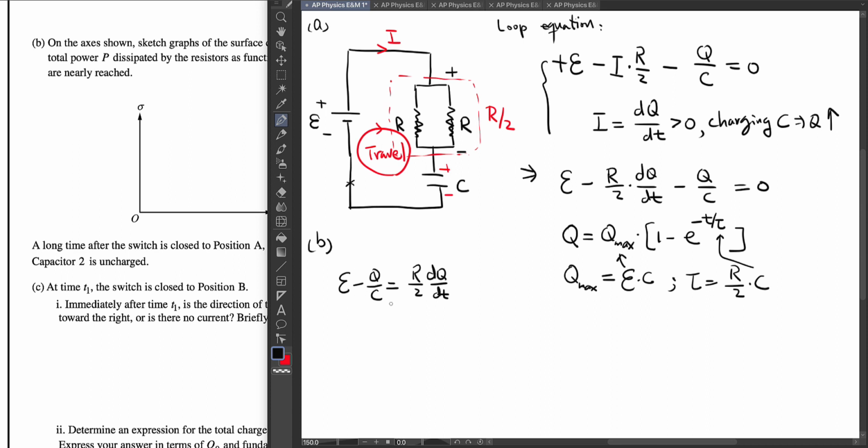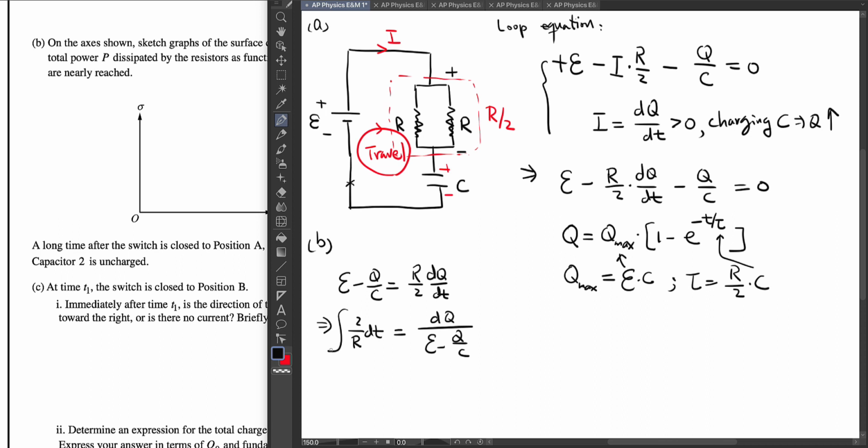Now the left side only contains the charge Q, so I'm going to group it with the dq and then move dt to the left side. So I'm going to move 2 over R dt to the left side, and then the right side is dq over EMF minus q over C.